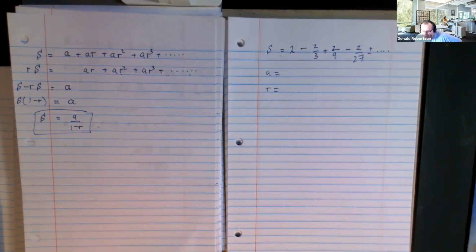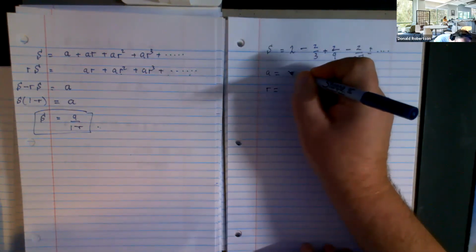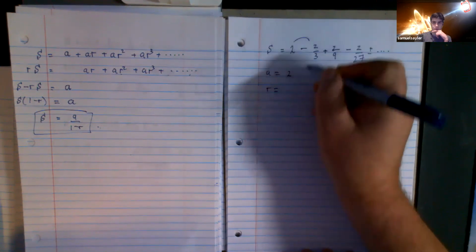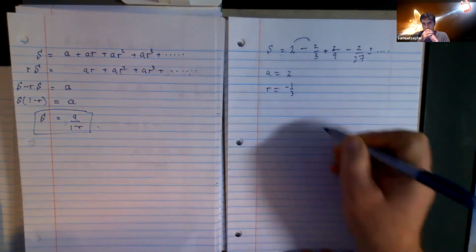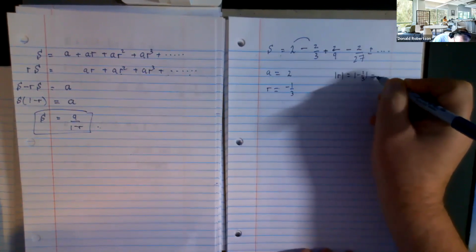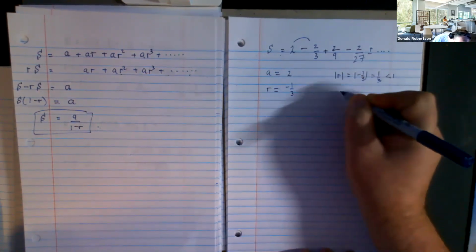Coming up on it. There it goes. The first term is 2. Be a little bit careful here. What is the common ratio? Negative 1/3. Agreed. Now, isn't the absolute value of negative 1/3 less than 1, so it converges?